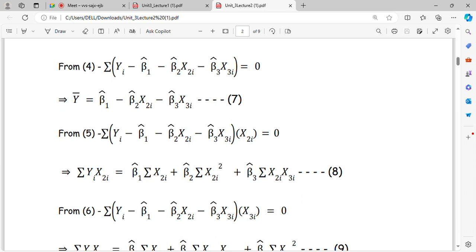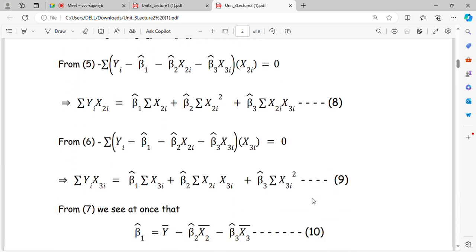Keeping all the left hand side values excluding summation yi x2i on the right hand side, we get summation yi x2i equals to beta 1 hat summation x2i plus beta 2 hat summation x2i square plus beta 3 hat summation x2i x3i.